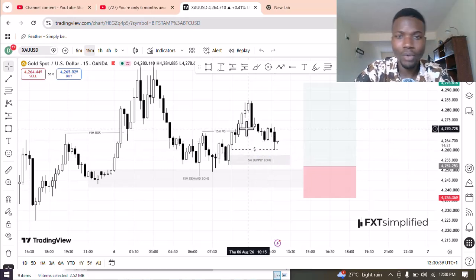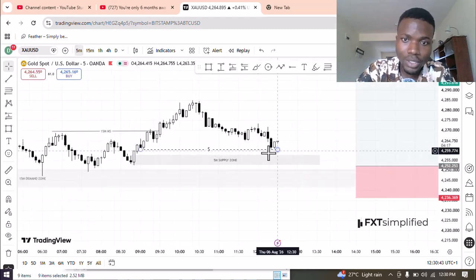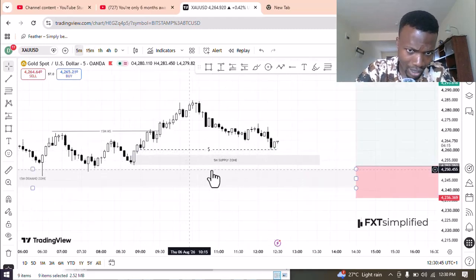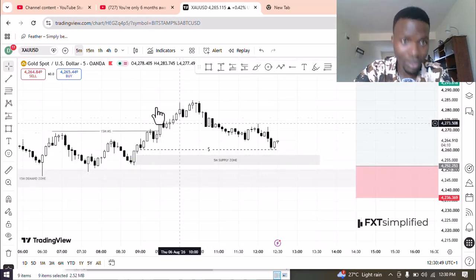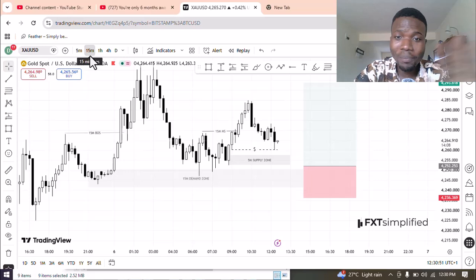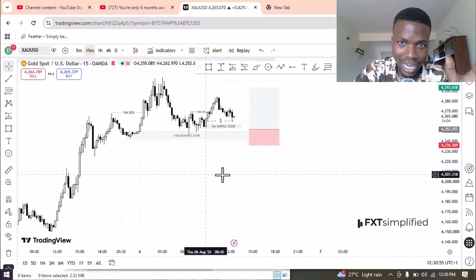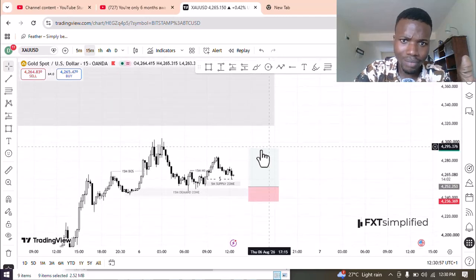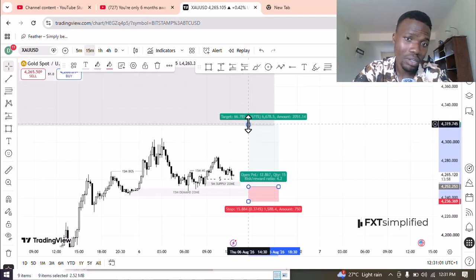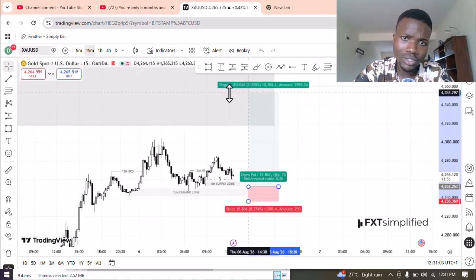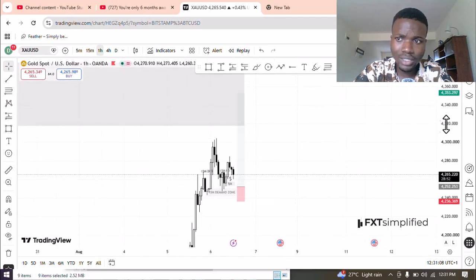I know for sure that a liquidity sweep is going to happen below here. Let's just see how this is going to play out. I don't want it to be complicated. This is what I'm going to trade this afternoon. My take profit is going to be somewhere around there, or probably I should just make it $100, because I'm targeting the next high.